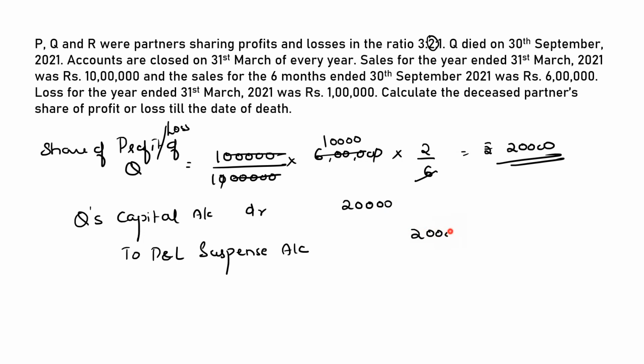This way, using the basis of previous year sales and profit, we have determined the share of loss for the current year till the date of death and given it to the deceased partner. So the share of loss is transferred to Q's capital account. I hope with this, the estimation basis of using the turnover basis is also clear to you.